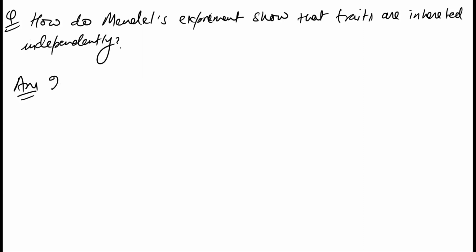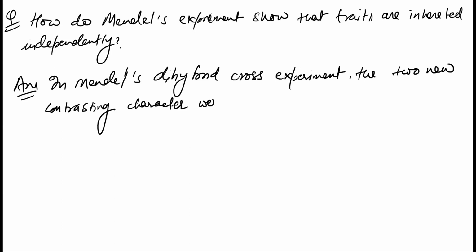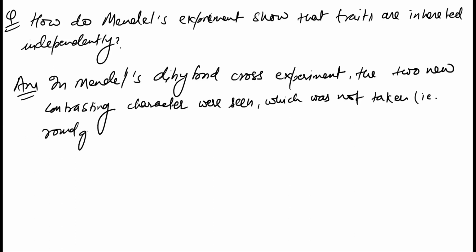So note it down. In Mendel's dihybrid cross, two new contrasting characters were seen which were not taken, i.e. round green and wrinkled yellow.